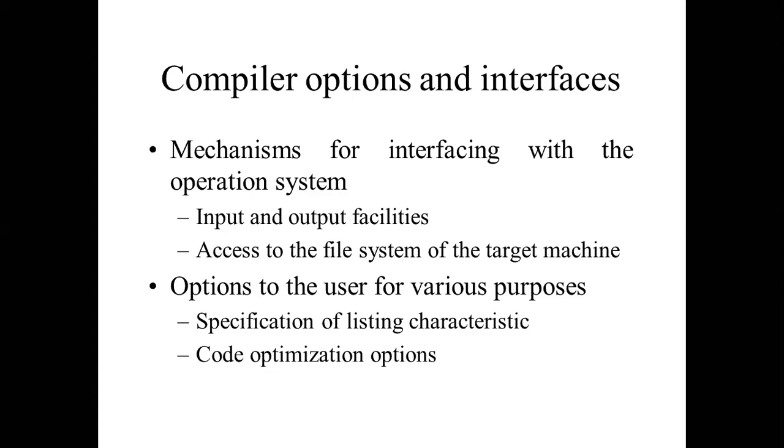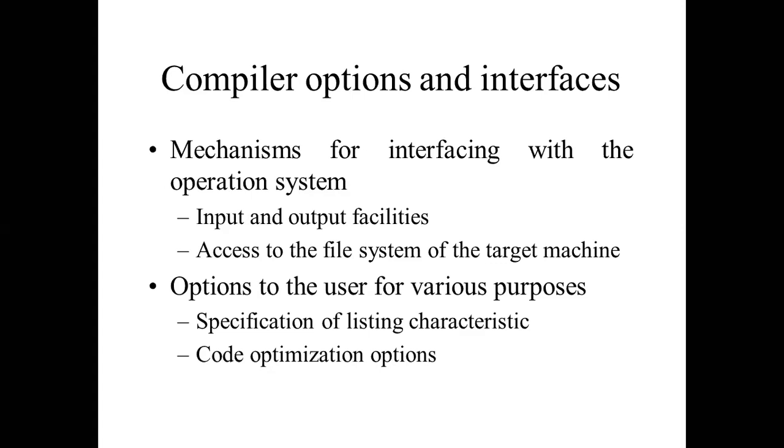Now the compiler options and interfaces: how we provide the interface, how we convert input to output, how we take the high level language into the low level language, and the result again we can display in the form of the high level language. Such processing is called a mechanism.